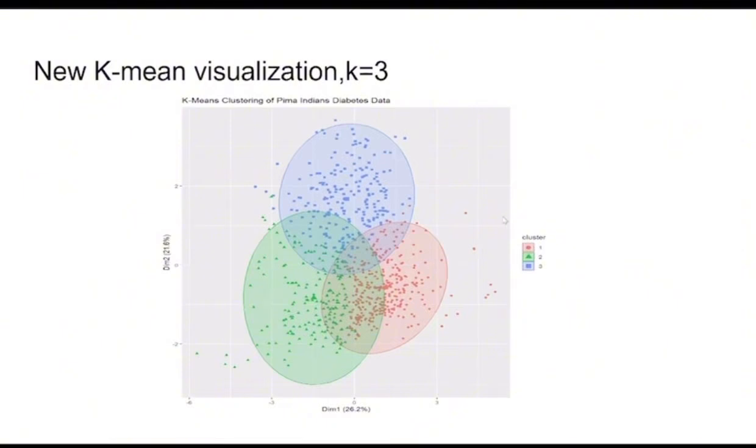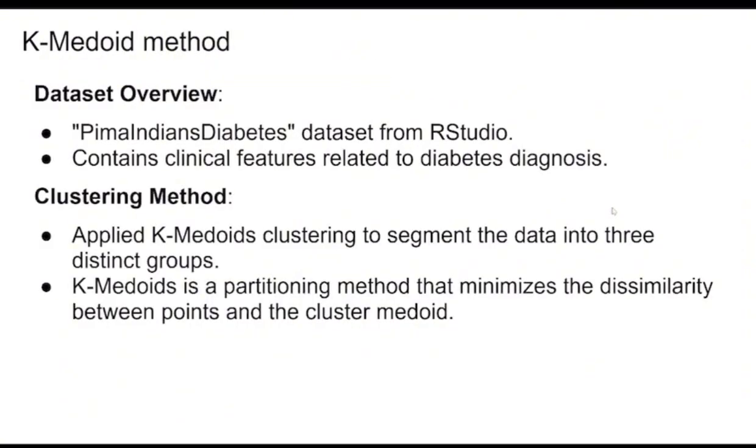To evaluate clustering quality, we used silhouette scores, which measure how similar points are within their cluster compared to others. Cluster 2 has the highest silhouette score, indicating strong cohesion and separation. However, some points in cluster 1 showed negative scores, suggesting misclassification or weak boundaries.